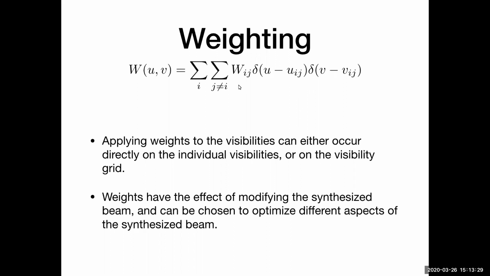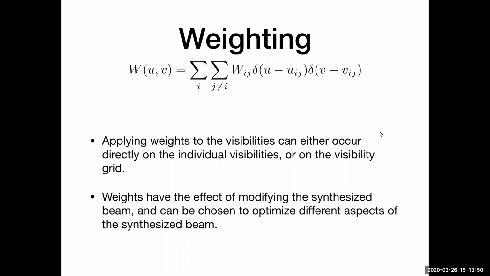But we do have the freedom of assigning a weight to every visibility. Or this can be done after the gridding step, where you apply it on the visibility grid. The effect is that it modifies the shape of the synthesized beam.